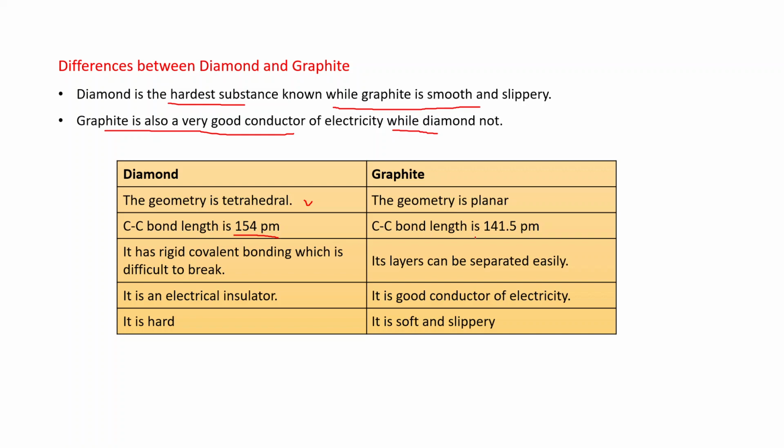In graphite, carbon-carbon bond length is 141.5 picometer. Diamond has rigid covalent bonding which is difficult to break, while graphite's layers can be separated easily. Diamond is an electrical insulator and graphite is a good conductor of electricity. Diamond is hard and graphite is soft and slippery.